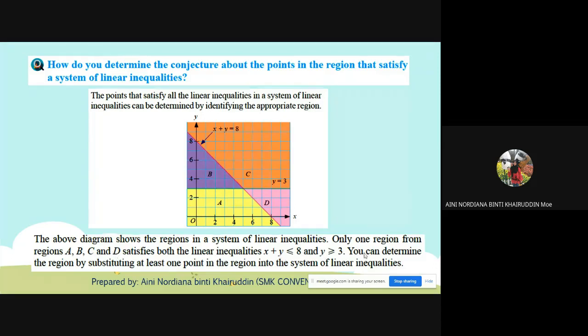Okay, you can determine the region by substituting at least one point in the region into the system of linear inequalities. So have a look at the solution.